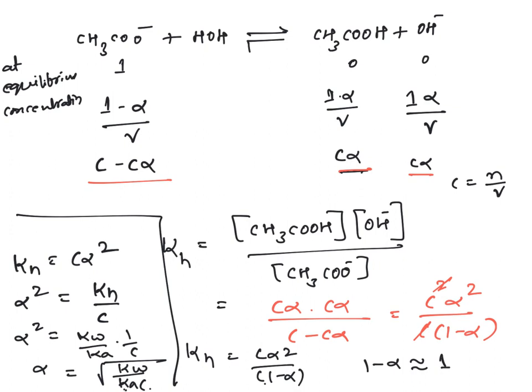salt. So with respect to the Kh, alpha square equal to hydrolysis constant by the concentration of the salt at initial, how much initially we are adding.